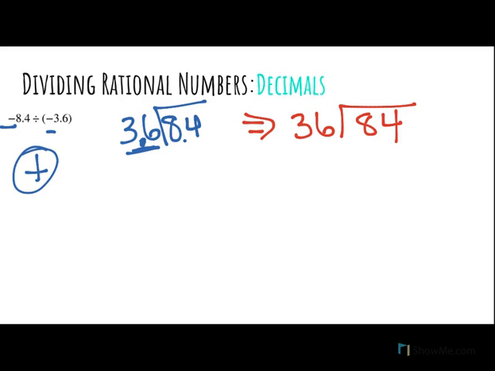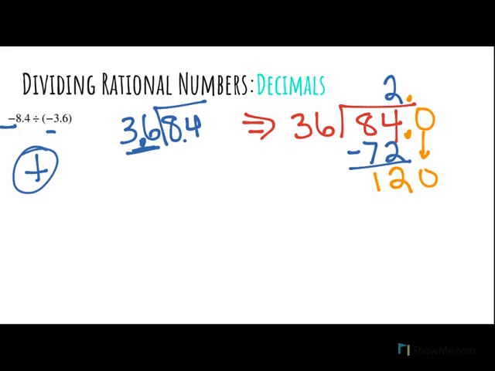Okay? All right, now 36 goes into 84 twice. So 2 times 36 would be 72. So if I subtract those, I end up with 12. Okay? All right, now I'm at the end of my number here, so I need to put a decimal if I'm going to keep going any farther. I can add a 0 as a placeholder and then bring that down.